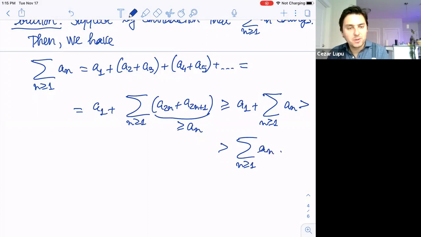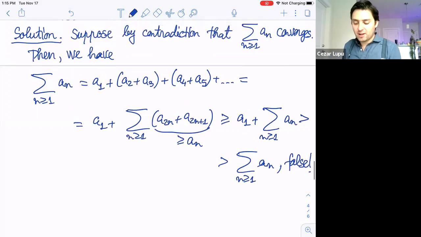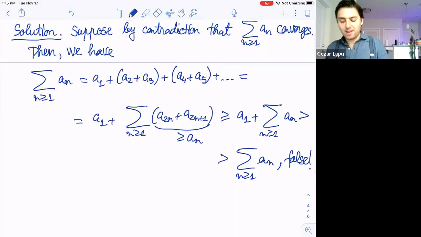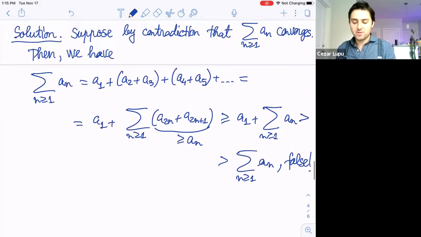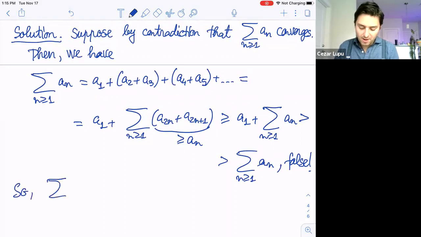Well, look, what did we obtain? That the sum of a_n is strictly greater than the sum of a_n. False, right? Where did the contradiction come from? From the assumption that the sum of a_n converges, right? So the sum of a_n diverges.